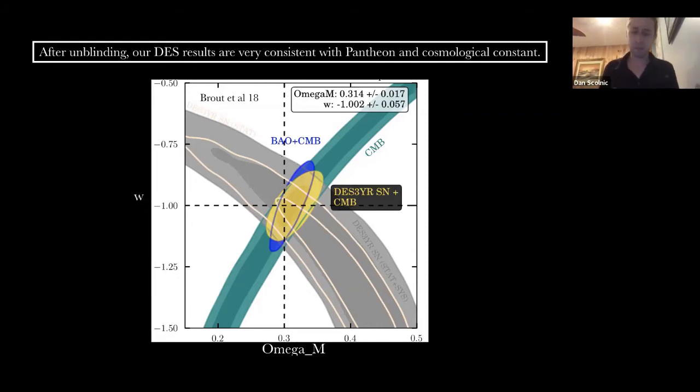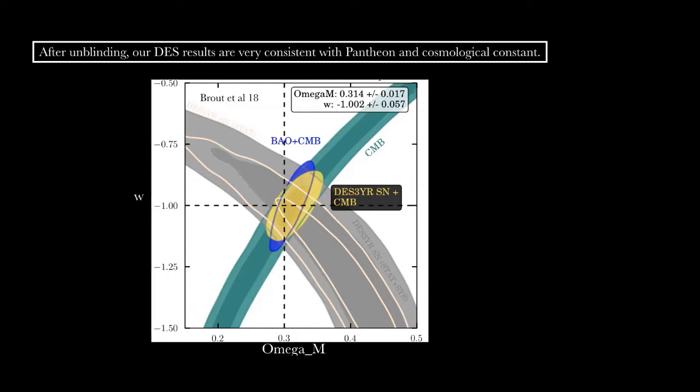So there is some overlap with Pantheon. And we did this big blinding process where we make sure not to look at anything, so we're not trying to force anything. And we got w nearly identical to -1 with a bit bigger uncertainties than Pantheon, just because there were fewer supernovae, since we just tried using DES.